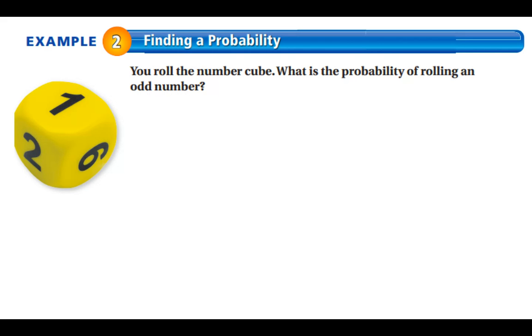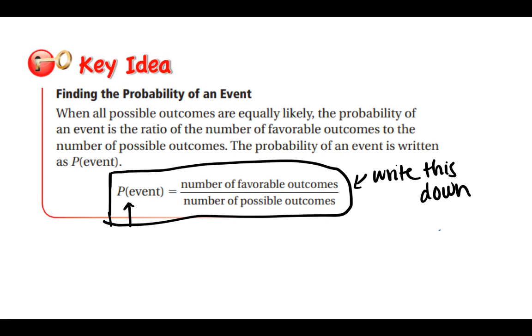Okay, so finding probability. You roll the number cube. What is the probability of rolling an odd number? So your event in this case is rolling an odd number. So what we are going to do is we are going to write down P of an event. I'm just going to write down the generic formula from this slide that we just wrote down.